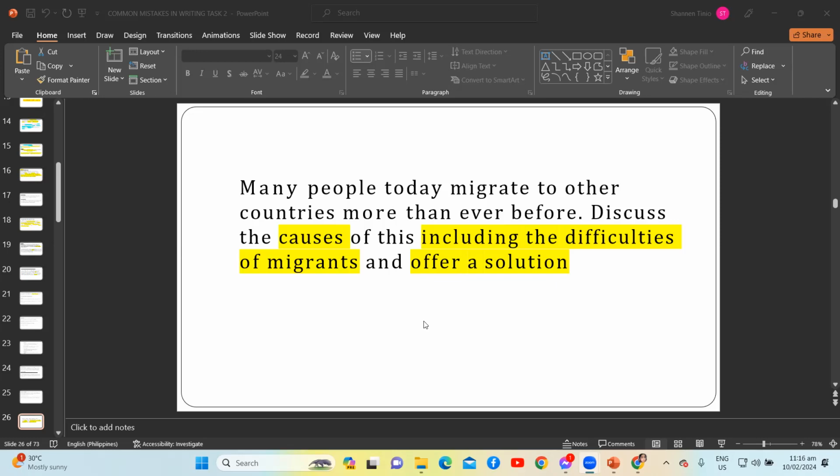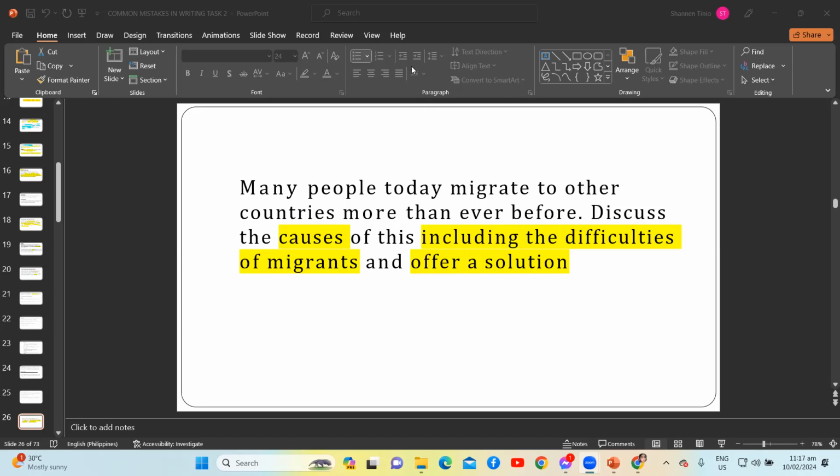Nag-move na siya sa Los Angeles or kung saan man siyang state nandun ngayon because her medical needs require her to go to live in another country. Another reason why people move to another country is because bet lang nila for personal purposes, for personal reasons, or just because they want to travel, they want to explore the world.